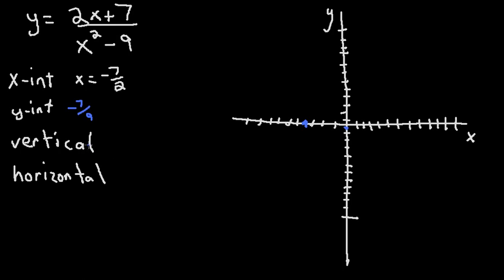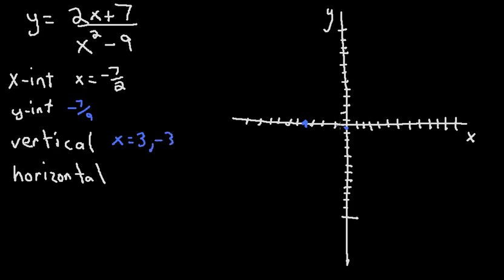Okay, vertical asymptote. Remember, an asymptote is just a line that a graph approaches as you move away from the origin. So for my vertical asymptote, I'm going to take my denominator and set it equal to 0. Well, x squared minus 9, you just factor that. x plus 3 times x minus 3, set that equal to 0. So your vertical asymptotes will be x equals 3 and x equals negative 3.